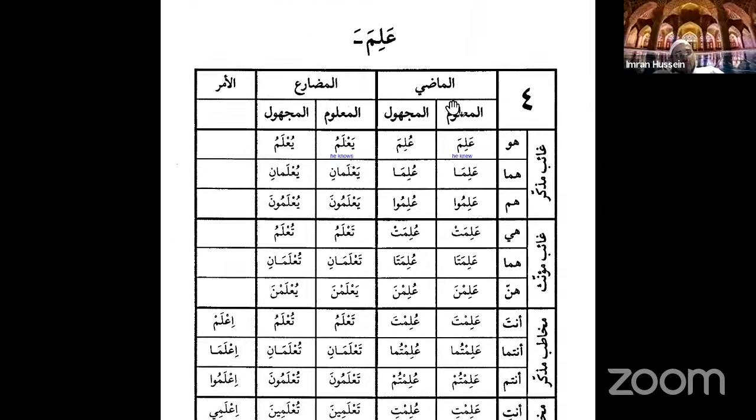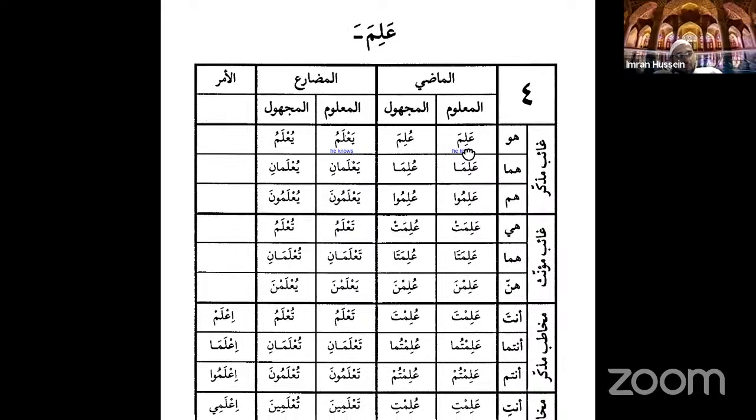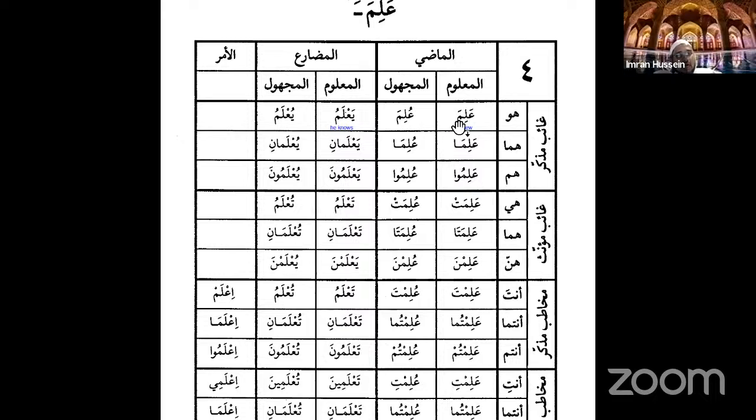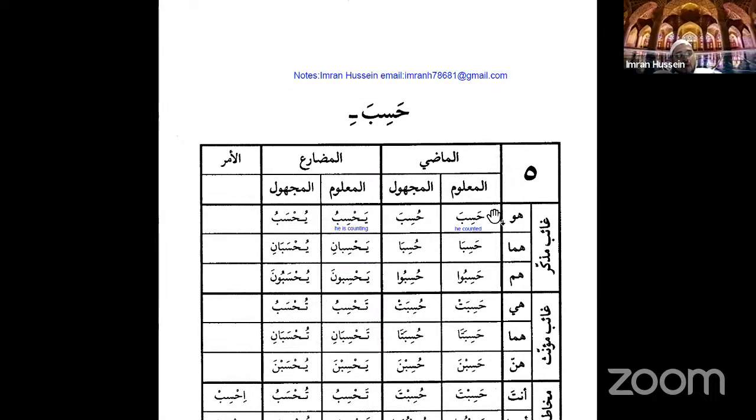And then alima, the past tense now is coming with a kasra. Any verb whose past tense has the middle letter with a kasra, its present tense has two options: either a fatha, alima ya'lamu, or a kasra, hasiba yahsibu.